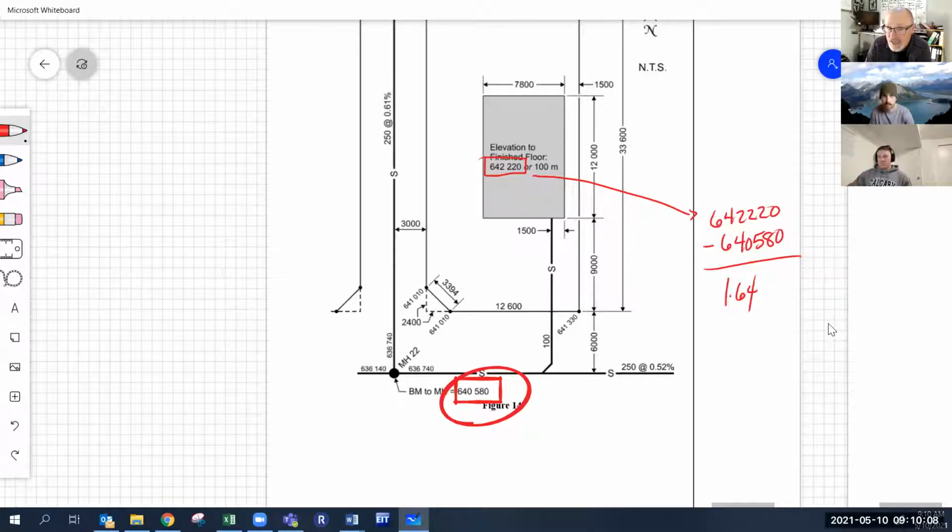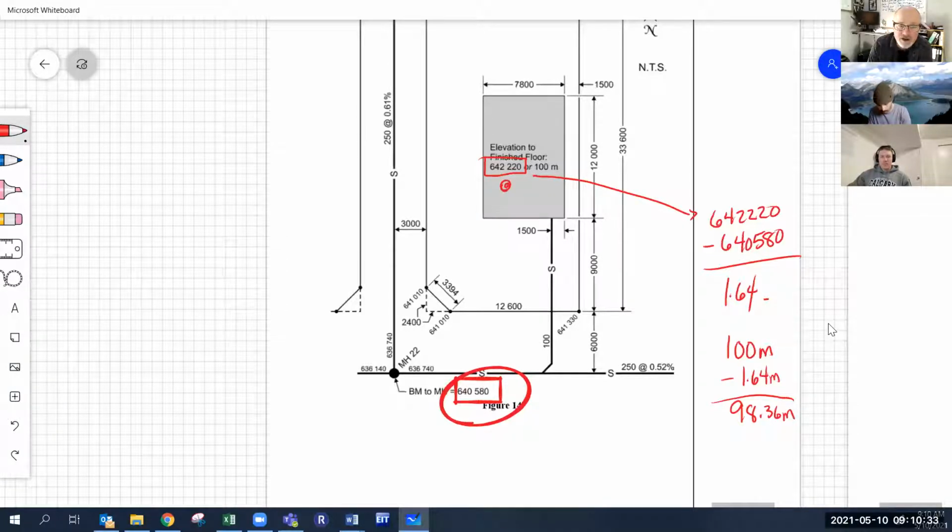But that's the actual drop. That's not the answer. That's how much it drops, right? So we have 100 meters minus off 1.64 meters. The architectural elevation of the benchmark is going to be 98.36 meters.